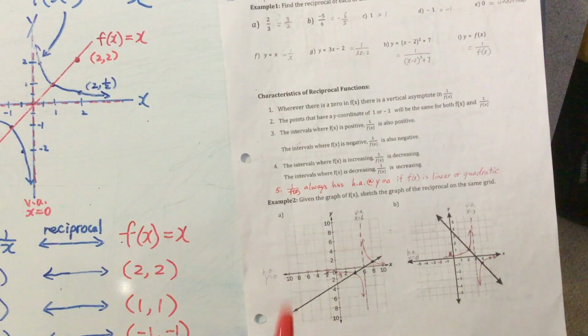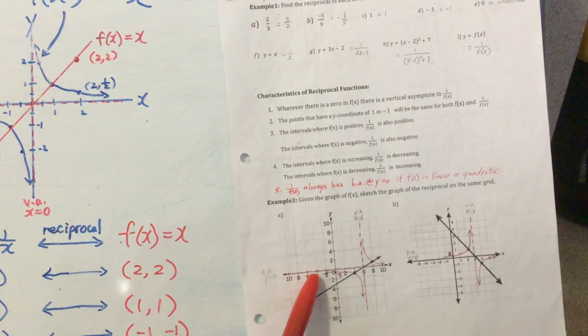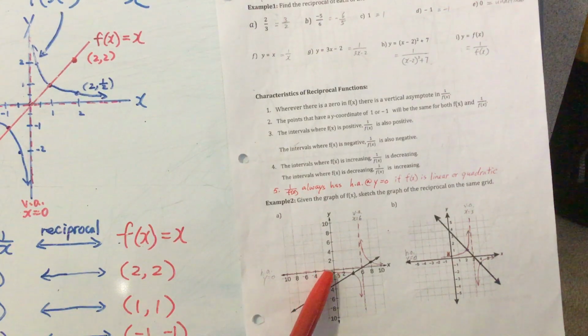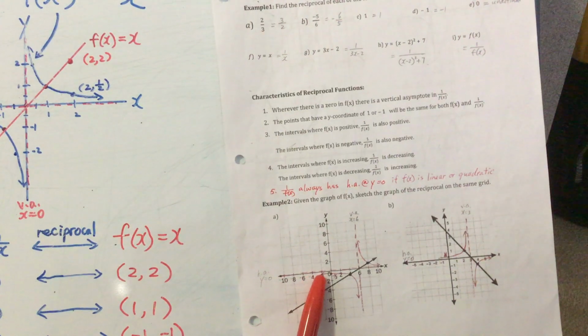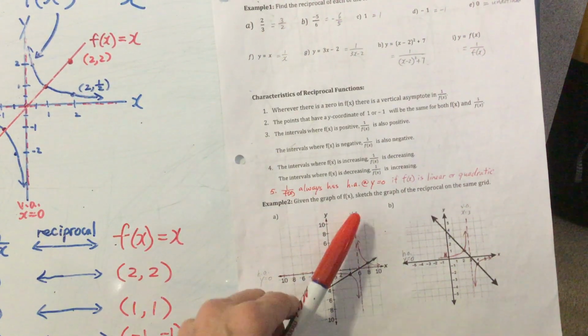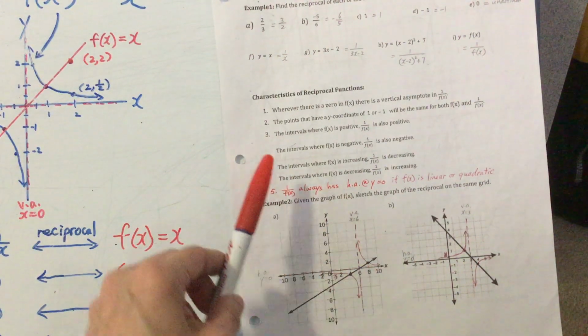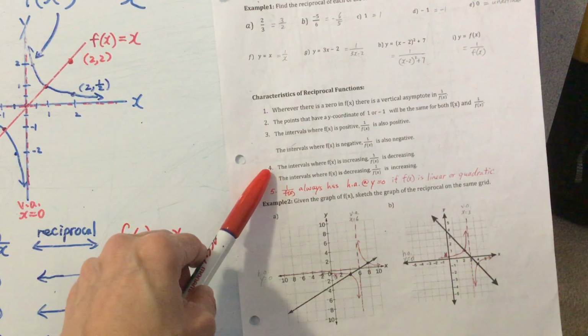That means its reciprocal has to have an interval of decrease throughout and no interval of increase. So if you look at my final graph of the reciprocal, as you can see from left to right, my reciprocal function is decreasing. Okay, so that is point number 4.